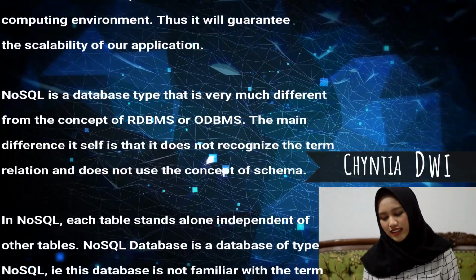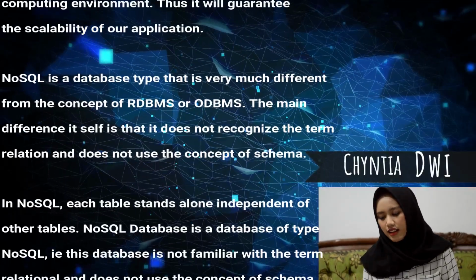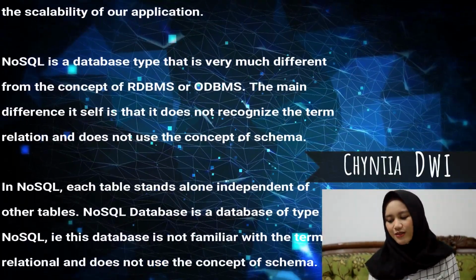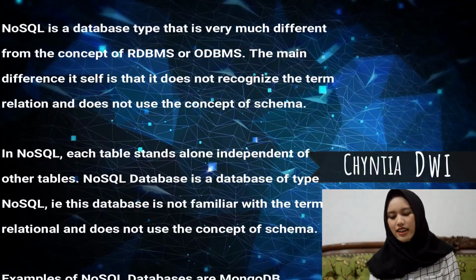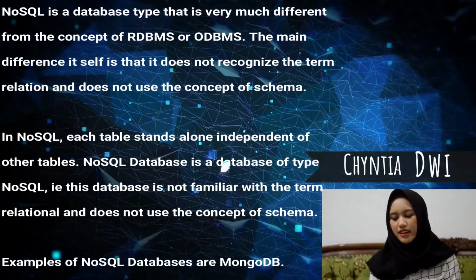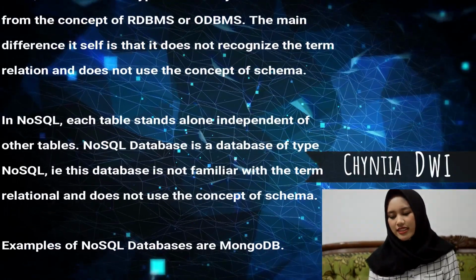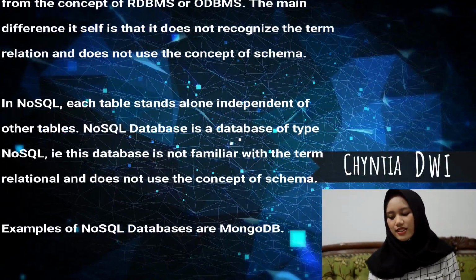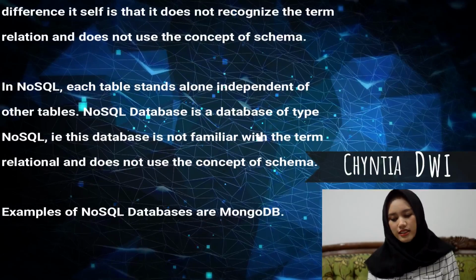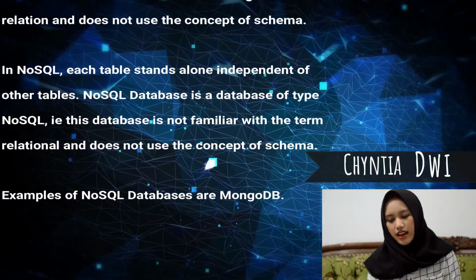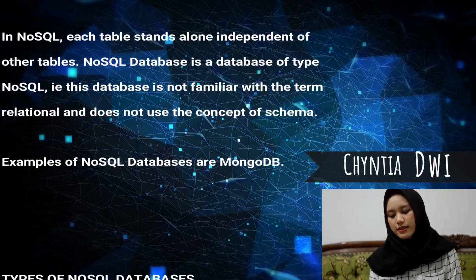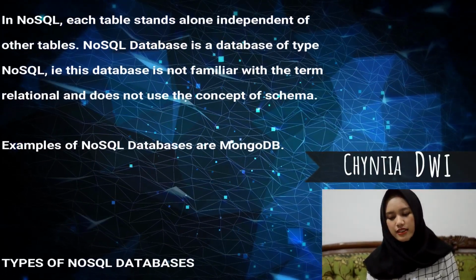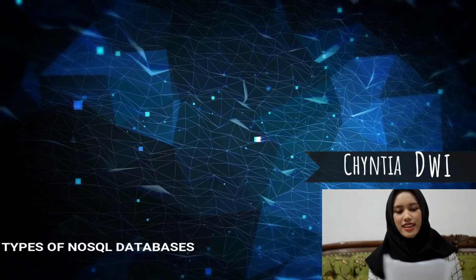In NoSQL, each table stands alone, independent of other tables. This database is not familiar with the term relational and does not use the concept of schema. Examples of NoSQL databases are MongoDB.